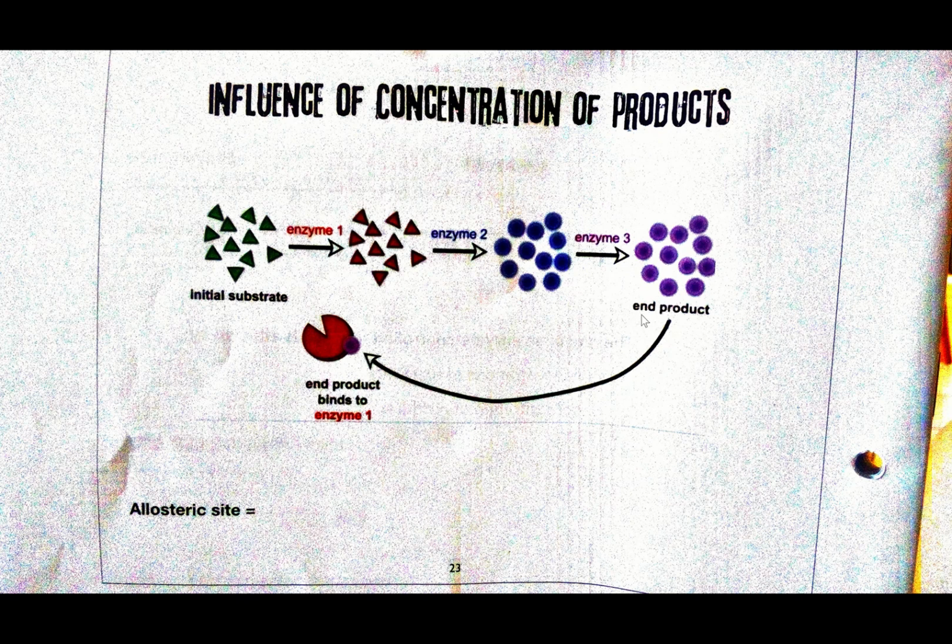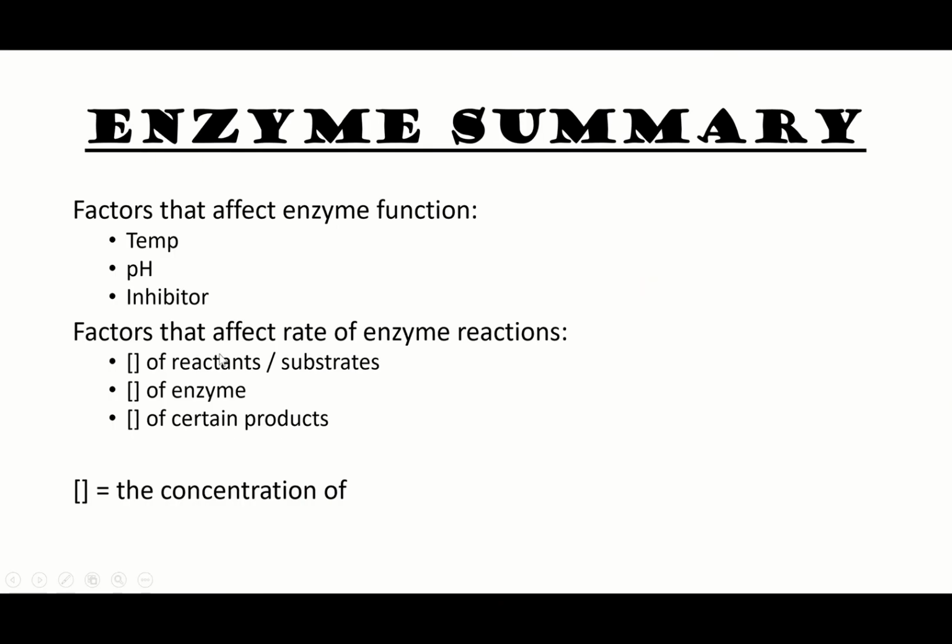Now, if you have a bunch of end product produced after this metabolic pathway, some of the end products will actually bind to enzyme one, which is meant to do the job for the initial substrate. Now, since there are limited numbers of enzymes, fewer free enzymes means a slower reaction rate, because that would decrease the concentration of enzyme and therefore decrease the rate of enzyme reactions.